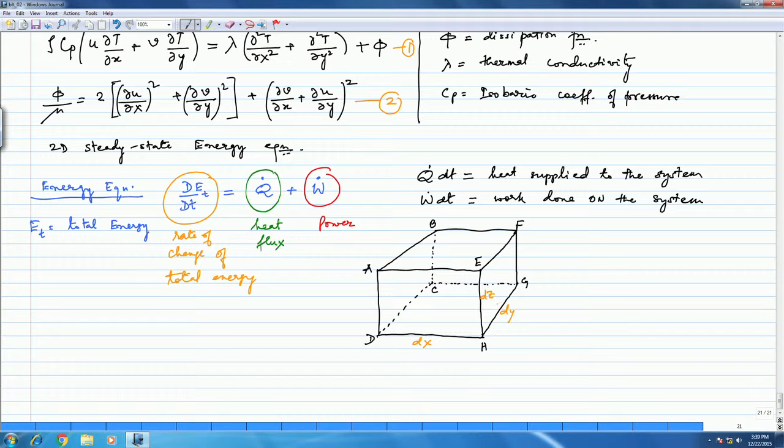Is that right? So this length, the sides, and of course you have flow which is moving past it.